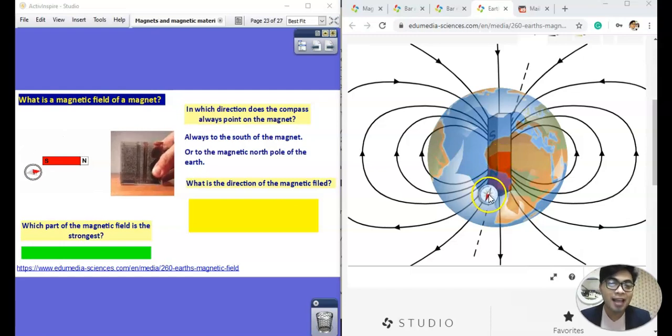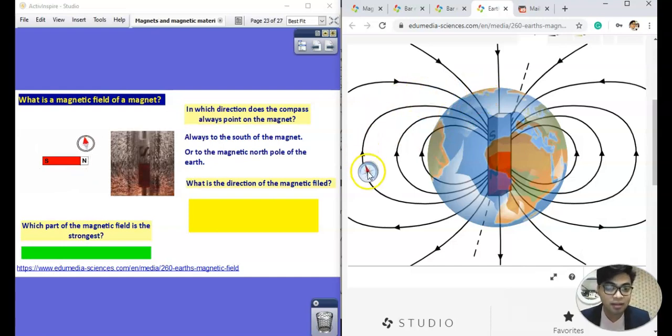That's why the compass, the red ones, will always point to the magnetic North Pole of the Earth. So if you look here on our magnet, the flow of the magnetic field is always from the north going to the south.